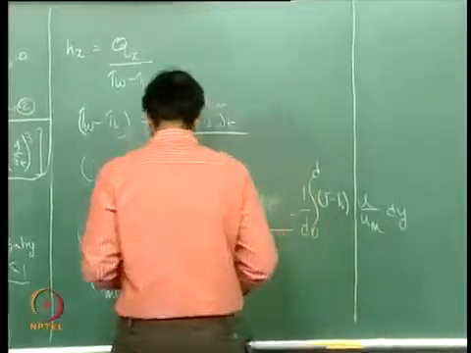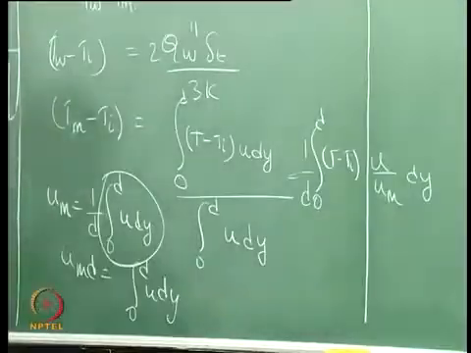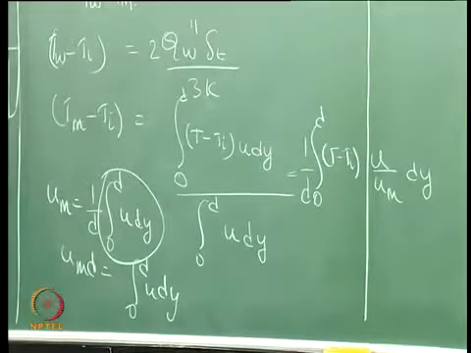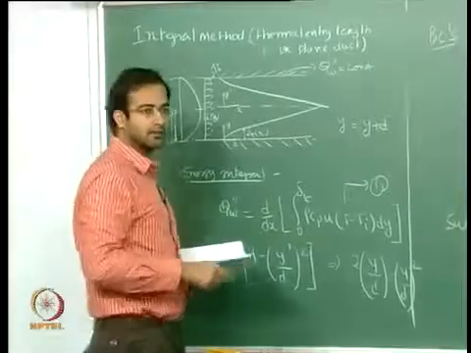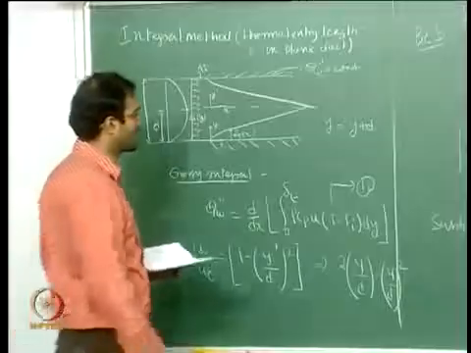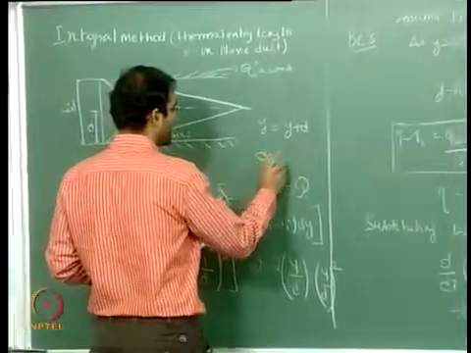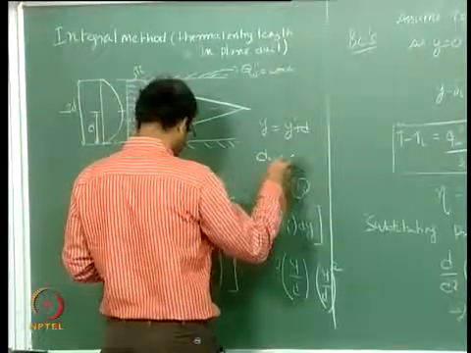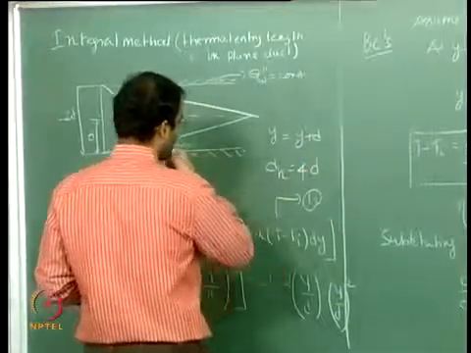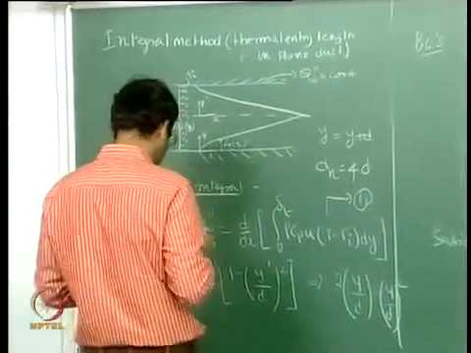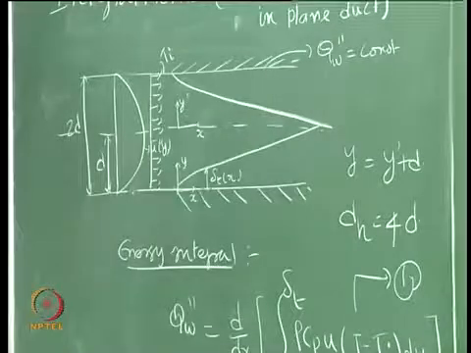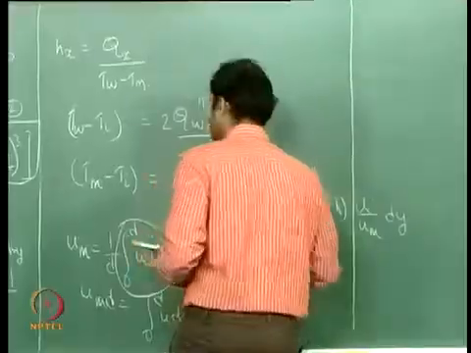So now I can also express the relationship between d and the hydraulic diameter. The hydraulic diameter for the case of plain duct, we have seen that this is basically 4 times d, so therefore we can replace d by dh by 4. So this will be dh by 4.